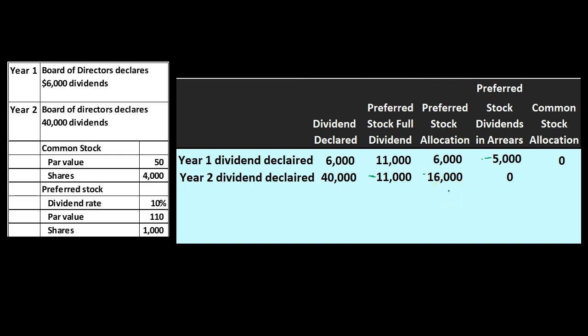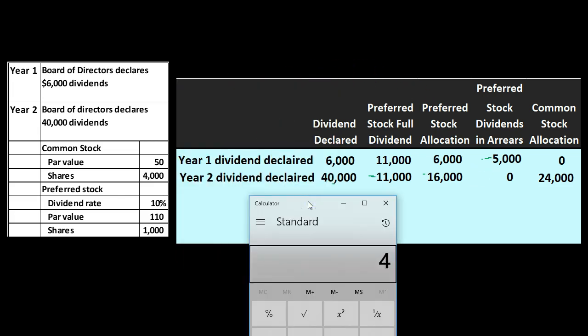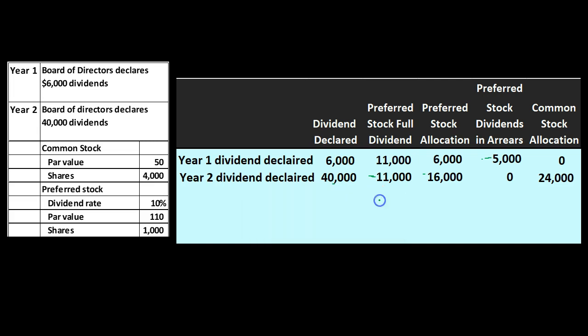Common stock then gets the 40,000 minus the 16,000, or the 24,000. So you can see that the common stock amount is going up as the dividends go up. Now again, you have to ask how many shares are out there? 4,000. So you can calculate the amount that's going to get paid per share, the 24,000 divided by 4,000.